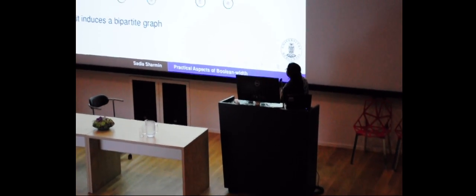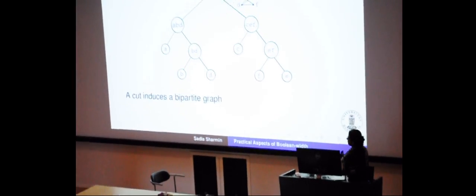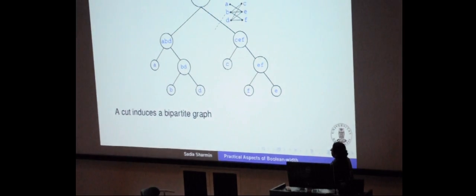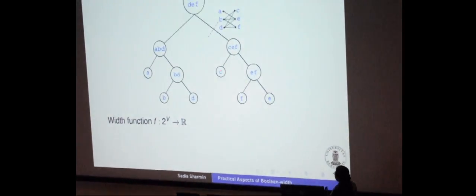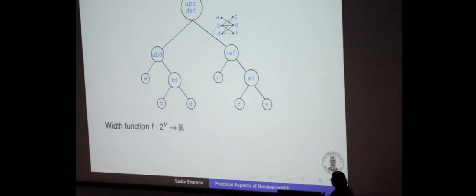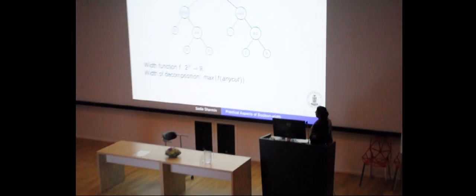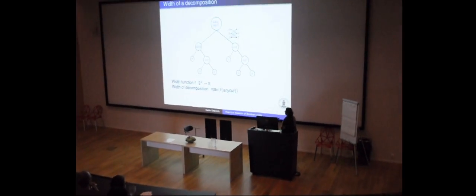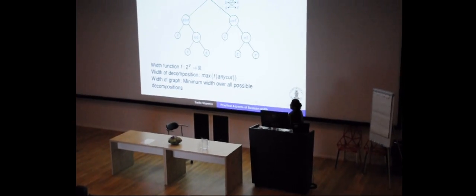Each cut actually corresponds to a bipartite graph, where the edges in the bipartite graph are the edges crossing the cut. And for the Boolean-width of the decomposition, we have the cut structures to rearrange it, and for the decomposition we take the maximum width of this function, and the width of the graph will be the minimum width over all possible decompositions.